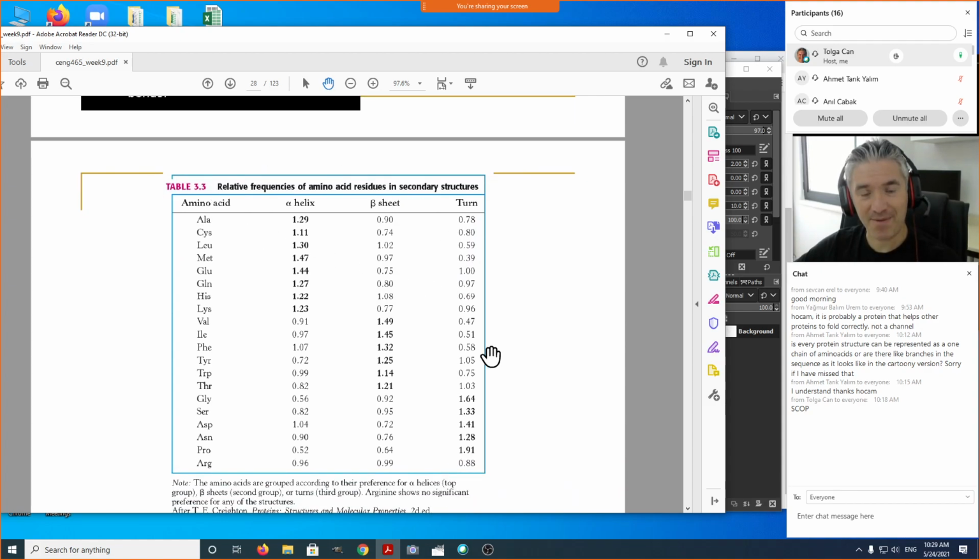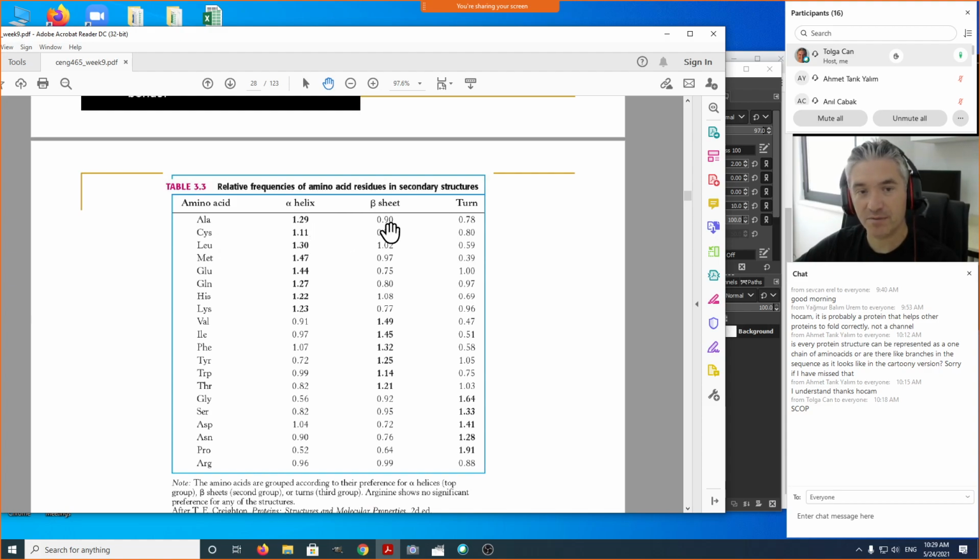So, and this table is an interesting table that shows the propensity, the preference of amino acids to be in a particular type of secondary structure. This doesn't mean that the alanine, for example, always has to be in alpha helix.